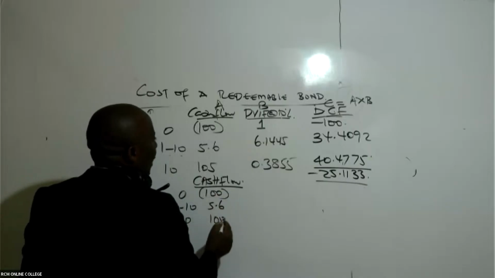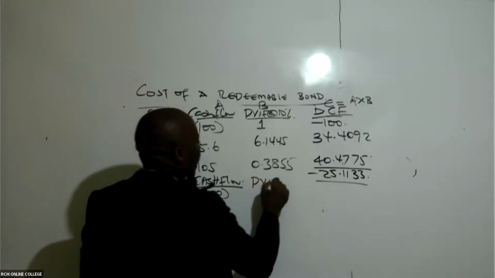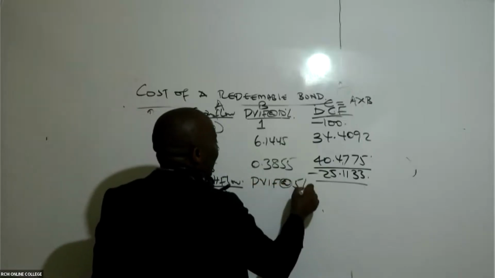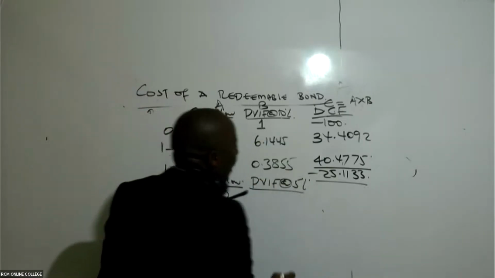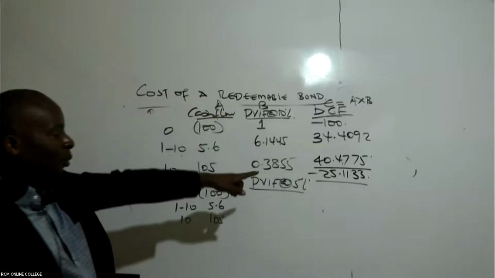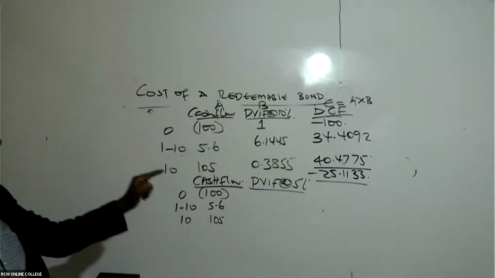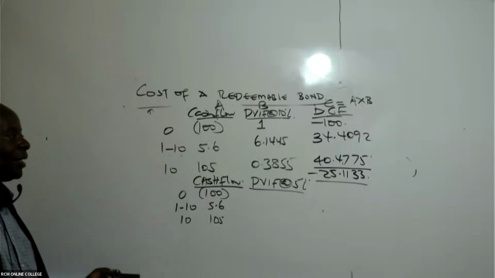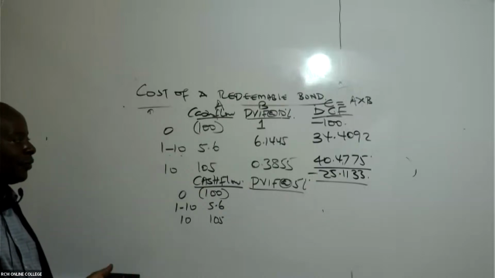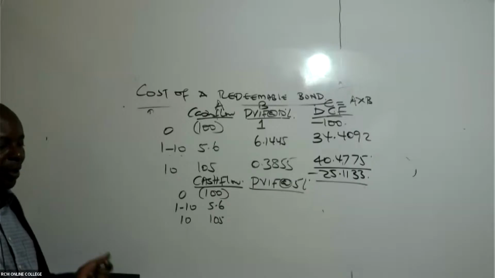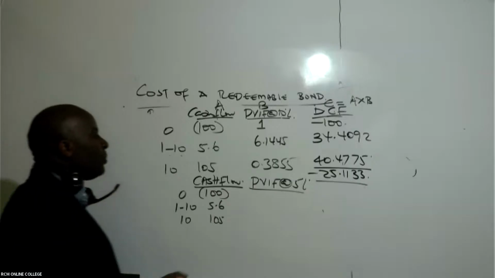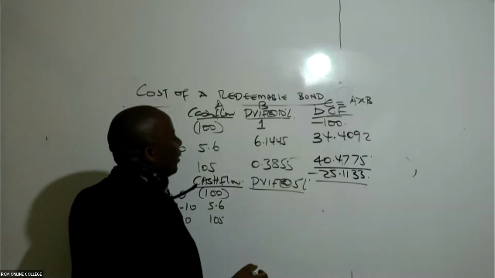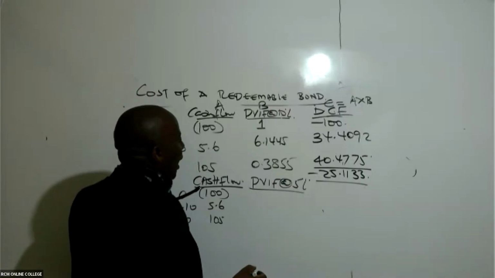And now we're going to try PV at 5%. We see whether we shall be able to get a positive, because now we have gotten 1 positive, 1 negative. Now we are looking for a positive. So ladies and gentlemen, PV at 5%, what do we have here?